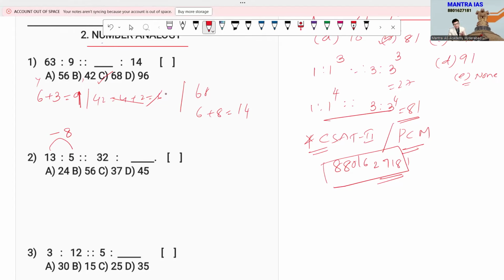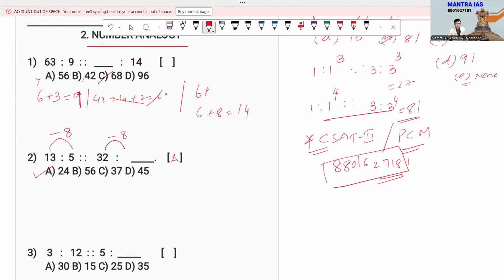This is what I have applied, minus 8 in the left case. So I have to apply the same thing to the right side. 32 minus 8, how much is it? Definitely 24. That's the answer. So the option for the second question is A.